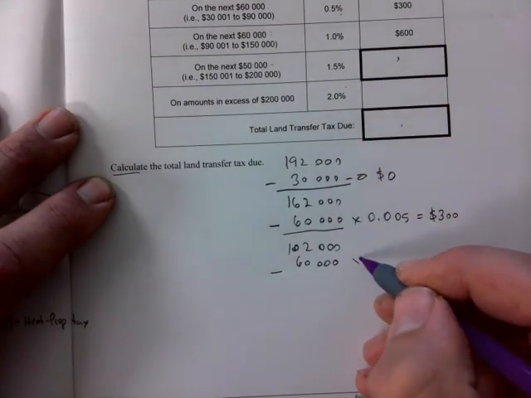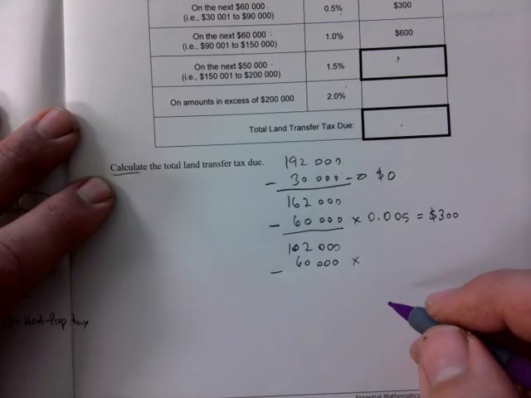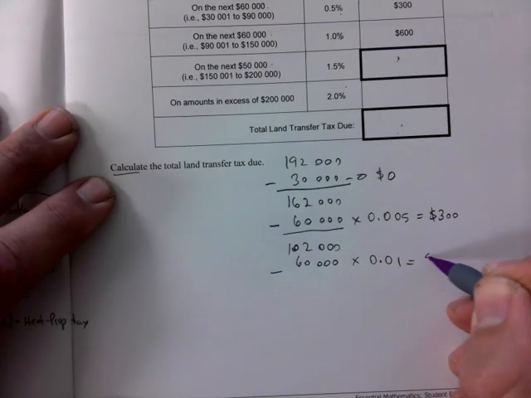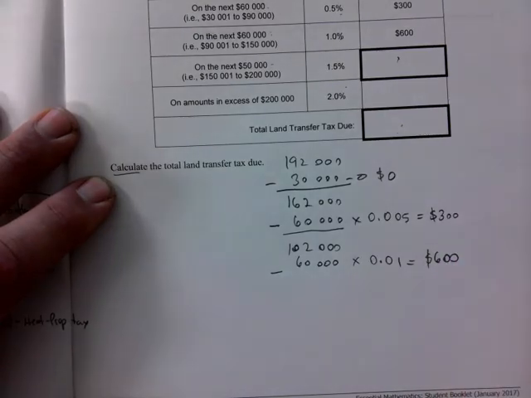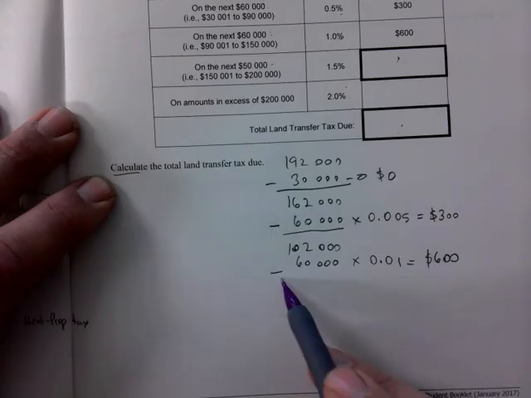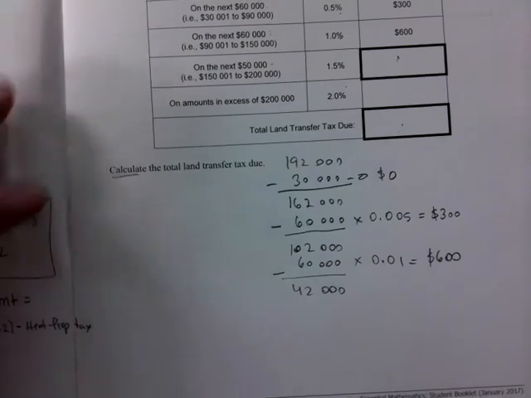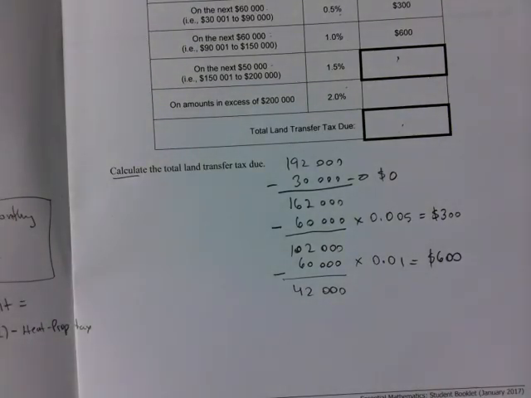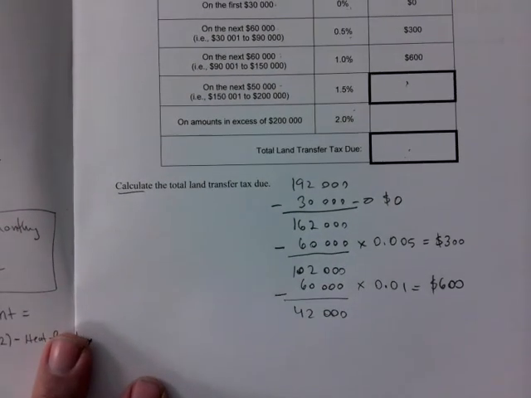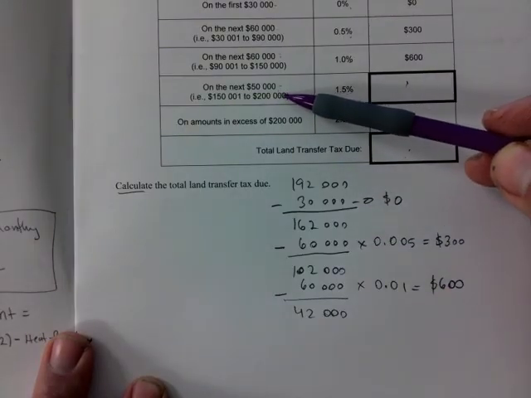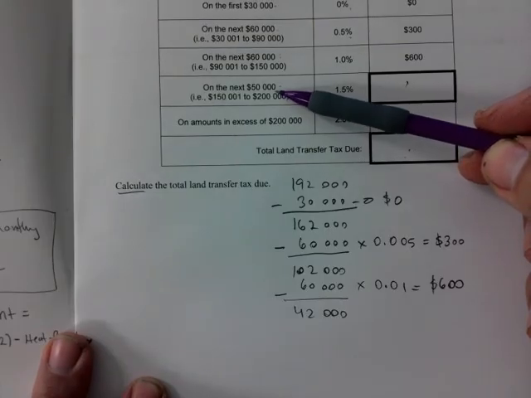Just divide everything by 100 if it has a percent symbol, and you shall be successful. $600 for that amount. We subtract, we're still left with 42,000. Now what? I keep on subtracting, right? But can I subtract 50,000 from it? I can't, right?